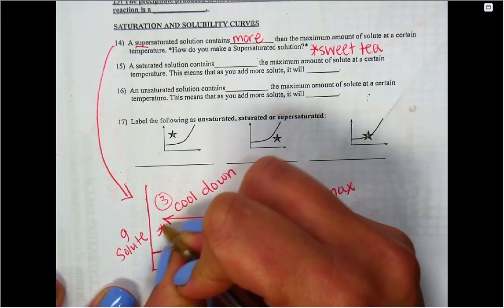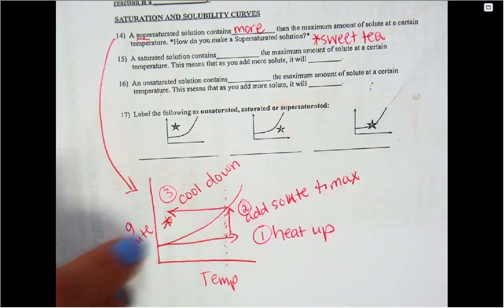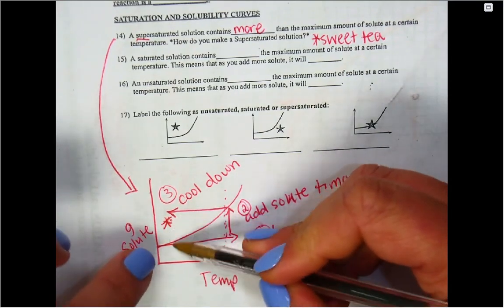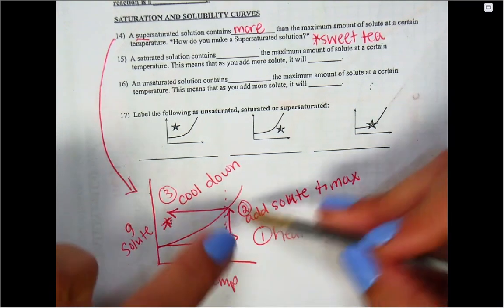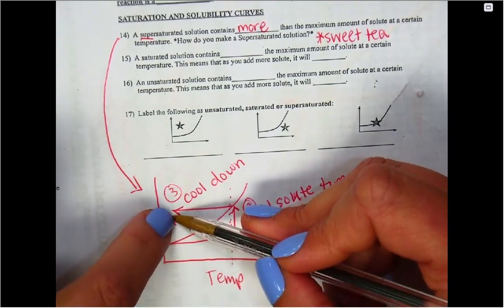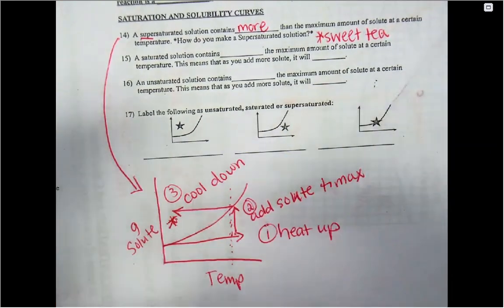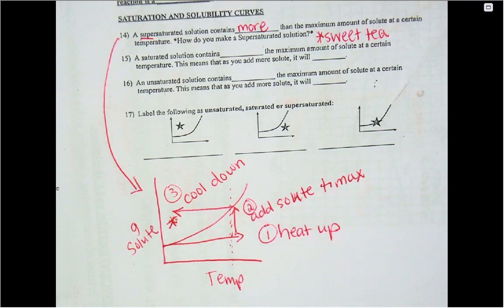And now you have a supersaturated solution, something that's well above where the curve is. So it's not just a matter of adding, because it's not going to happen. It's going to fall out of solution. You had to heat it up, add it, dissolve it, cool it down. And that's kind of what that little hot pack was that I walked around with.